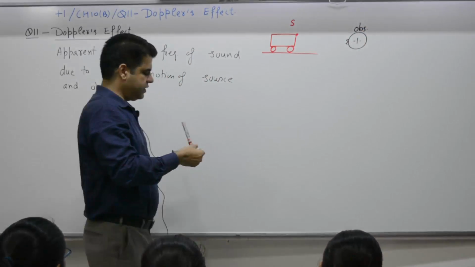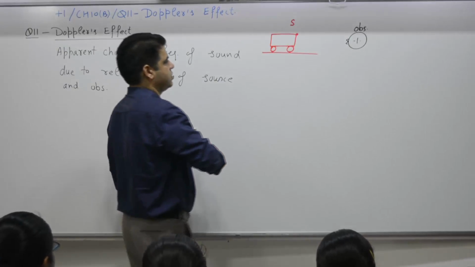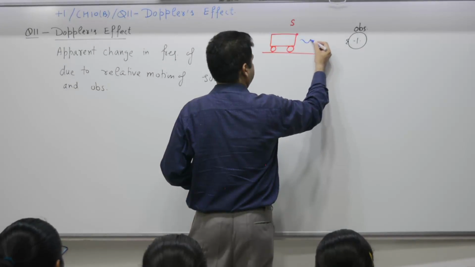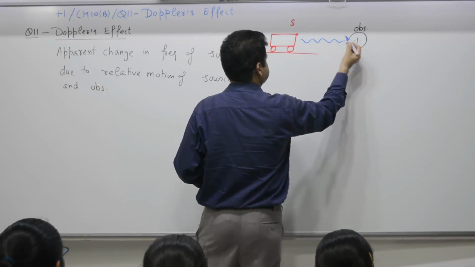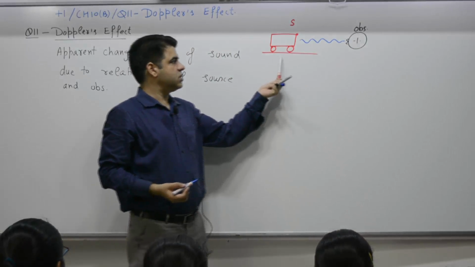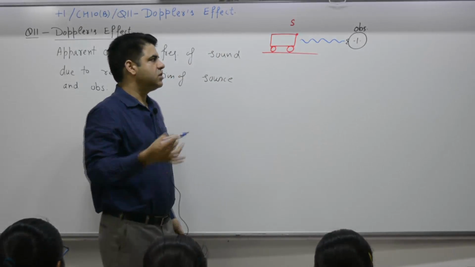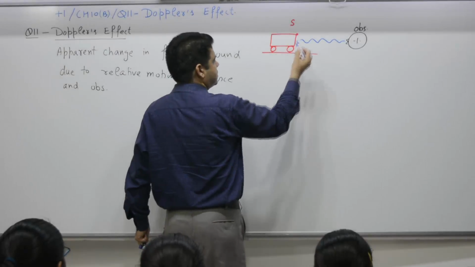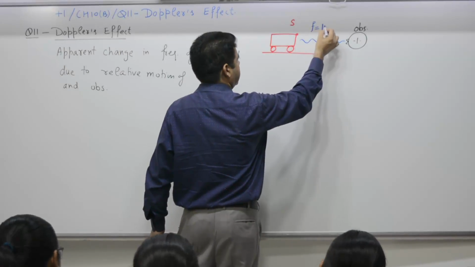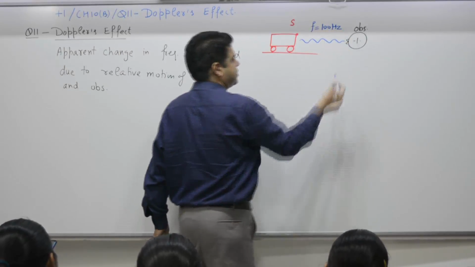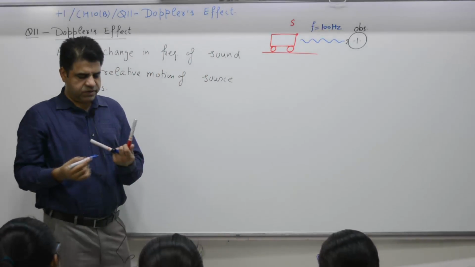So a number of waves are being generated by the source. If the source and observer are both at rest, suppose as an example the frequency generated is 100 hertz. So the number of waves received by the observer is also 100.